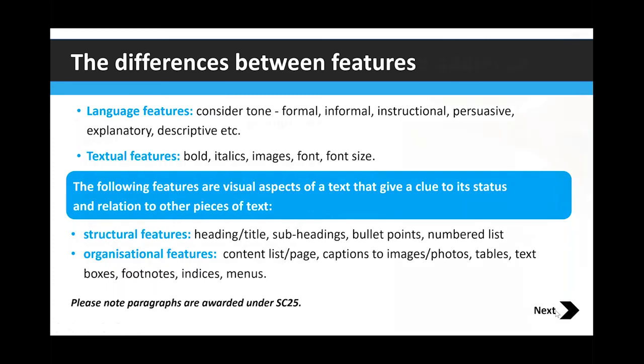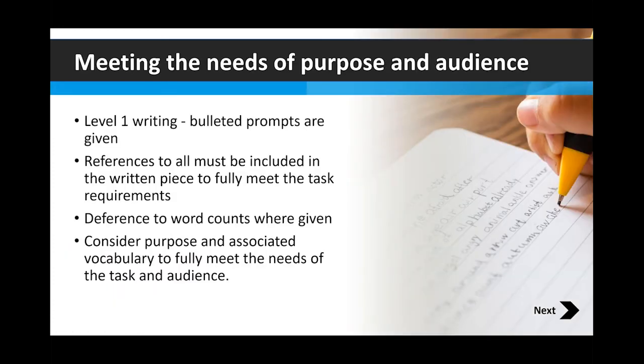Where we discuss meeting the needs of purpose and audience, level 1 writing, bulleted prompts are given. Usually there are 3 bullet points of indicative content we would expect to see within the actual task. The learner must reference all of these within their written piece to meet the task requirements. We would also expect deference to the word count where given.